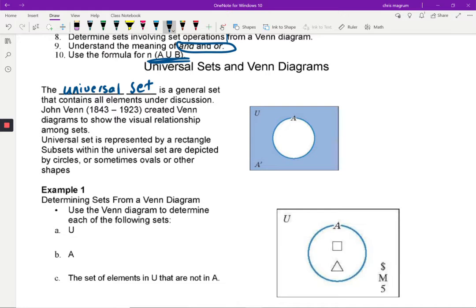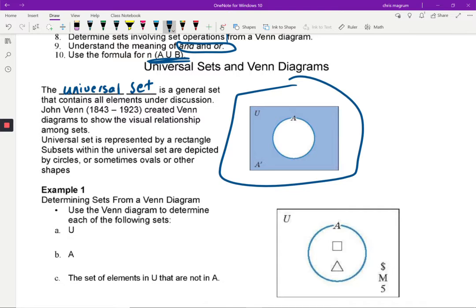Now a little bit more with math. Universal sets are represented by a rectangle. Our subsets within the universal set are depicted by circles, sometimes ovals or other shapes. So essentially, here's a picture. The rectangle represents everything, and then a specific set inside it is this circle portion.